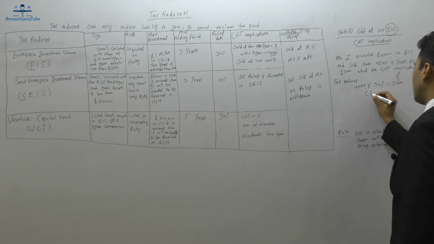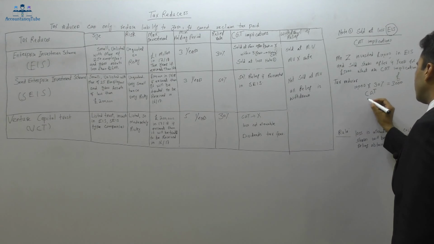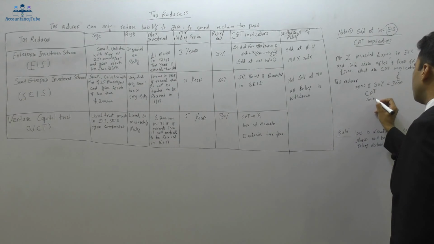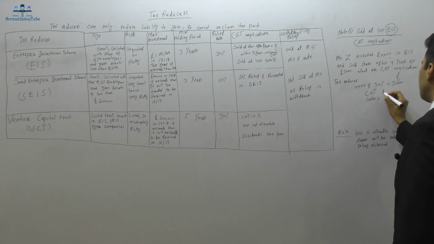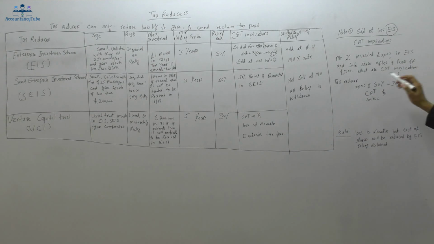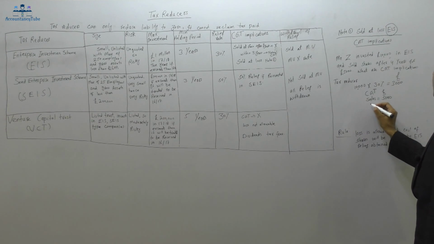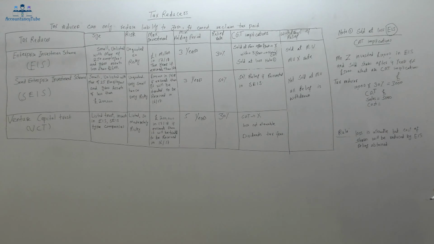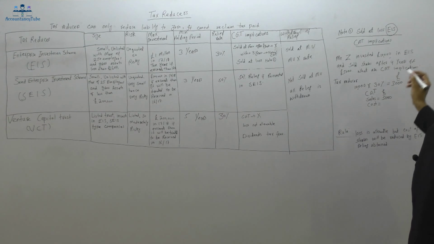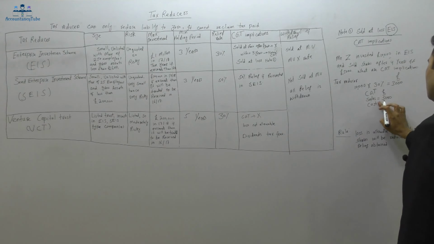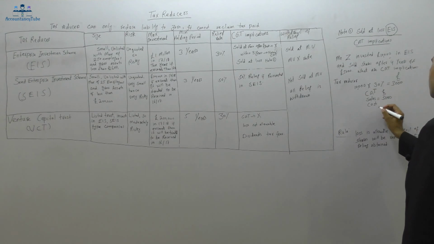So we'll calculate the CGT. We take the sales. So what was the sales? He sold the shares for £5,000, whereas the cost of the shares which he bought was £10,000.